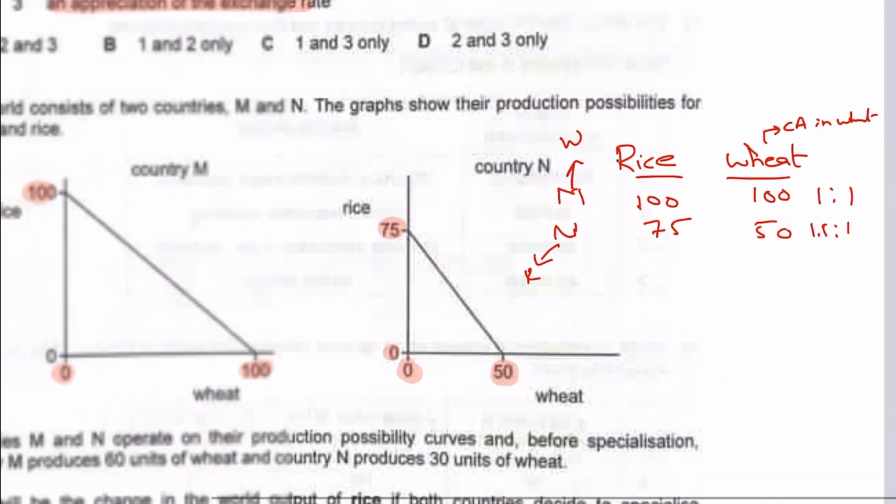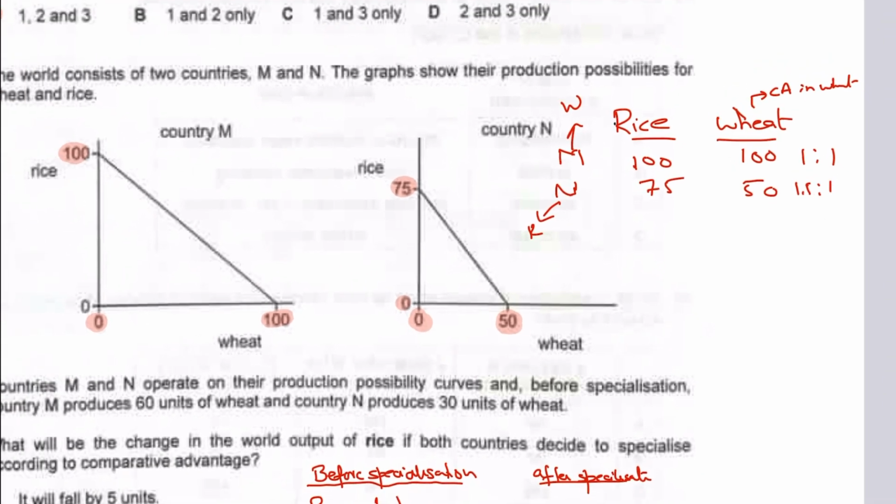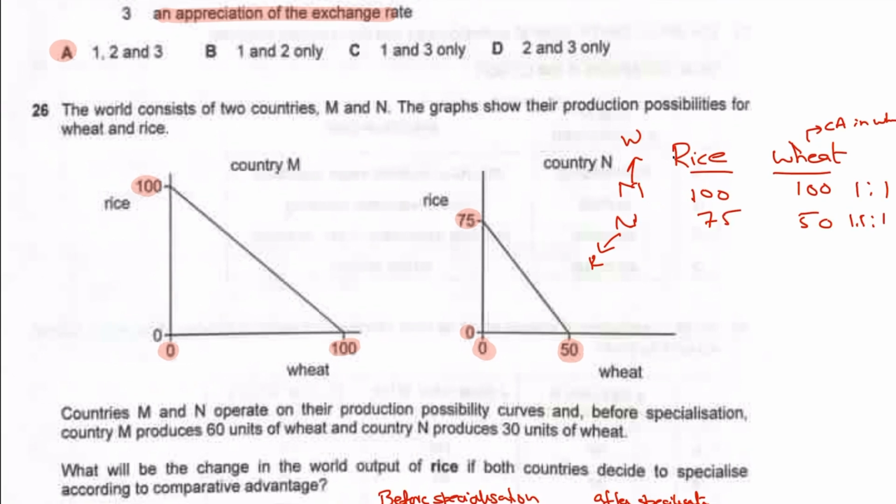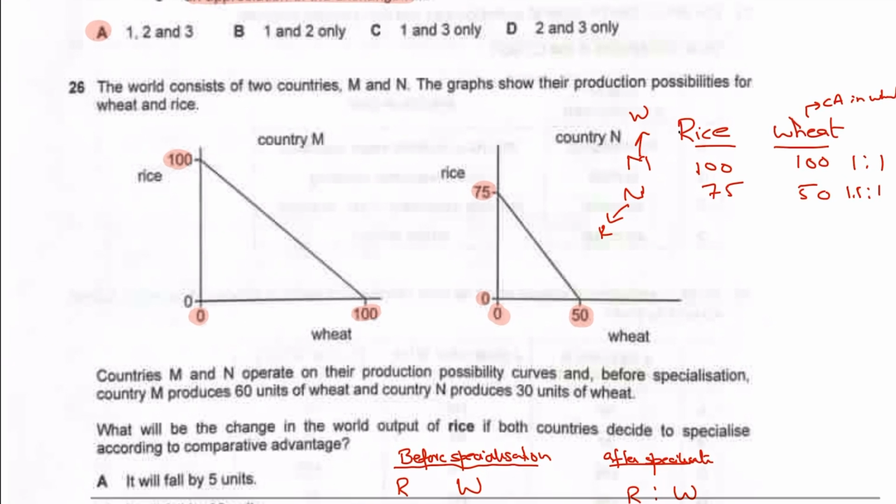Right now, the countries M and N operate on the PPCs, so they are not producing their maximum output. Before specialization, M produces 60 wheat and N produces 30 wheat.